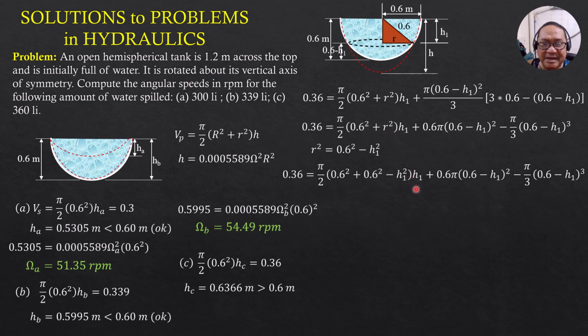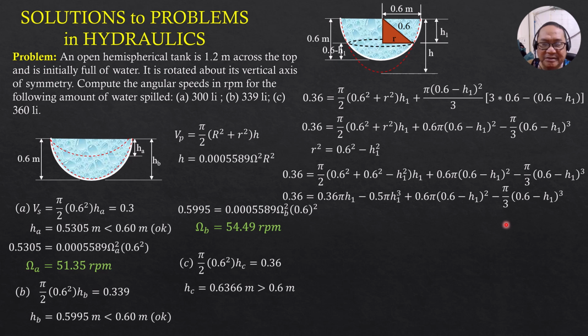Substituting r square, and so pi over 2, 0.6 square plus 0.6 square minus h1 square, the value of r square, then the rest copy. Simplifying further, 0.36 equals, so we have 0.6 square plus 0.6 square, 0.72 divided by 2, so 0.36 pi of h1, then pi over 2 is 0.5 pi, then we have h1 cube, then we just copy the last two terms.